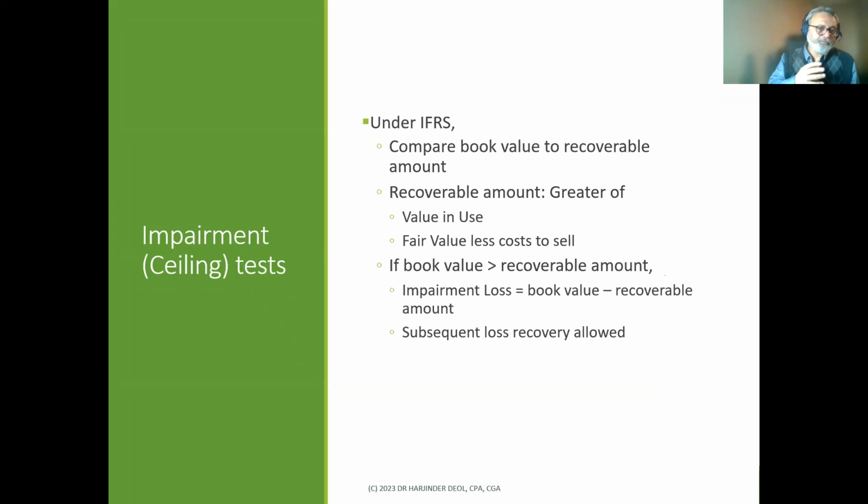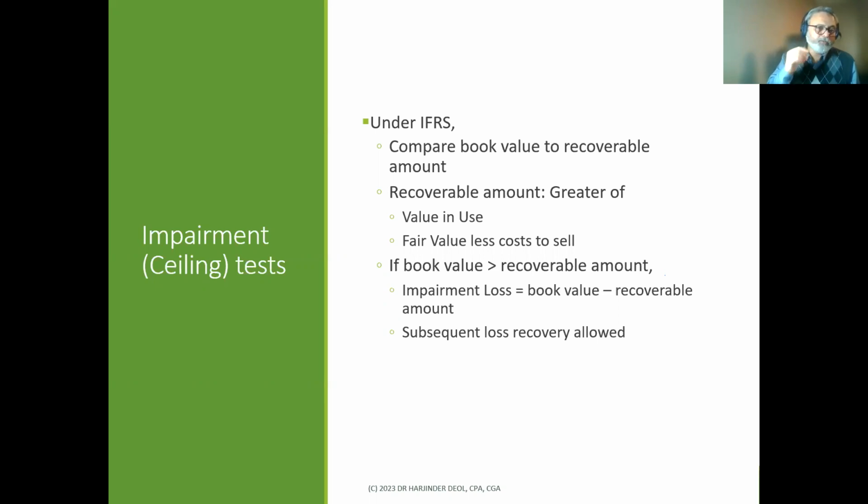The impairment test under ASPE is a little different. You'll remember there, we compare the carrying amount to the undiscounted future cash flows. If the carrying amount is more than the undiscounted future cash flows from using the asset, then we write the asset down to its fair value.